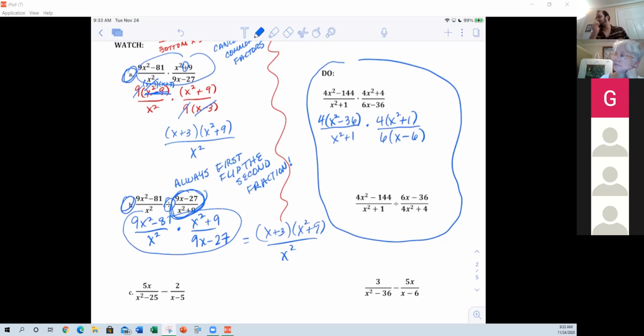Then this is when you start canceling stuff out. Okay, you're correct, except there's one last thing you can factor. Do you see it? No. Look, what about x squared minus 36?